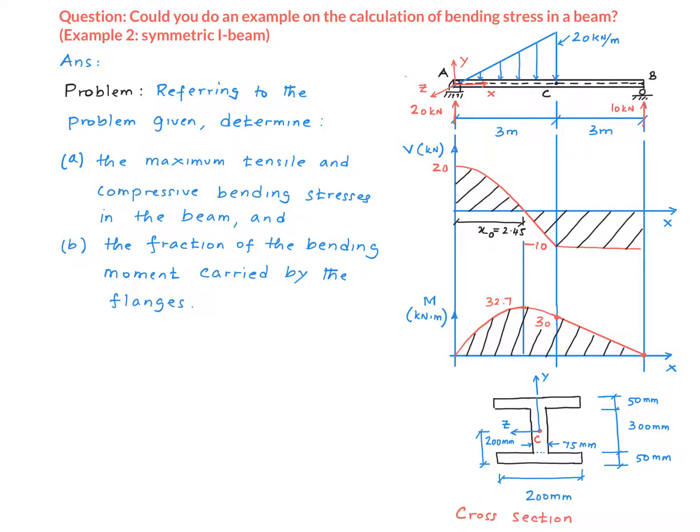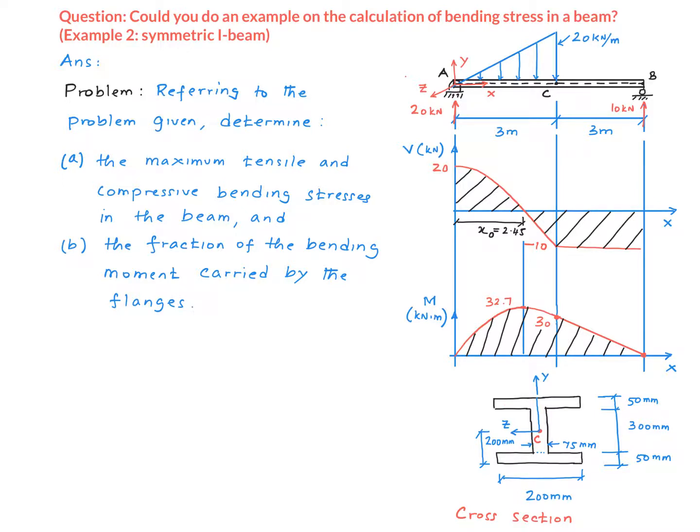I call this a symmetric I-beam because the cross-section is not only symmetric about the y-axis, but also symmetric about the z-axis. Here, the y-axis is a vertical line that runs through the center of the cross-section, and the z-axis is a horizontal line that runs through the center of the cross-section.